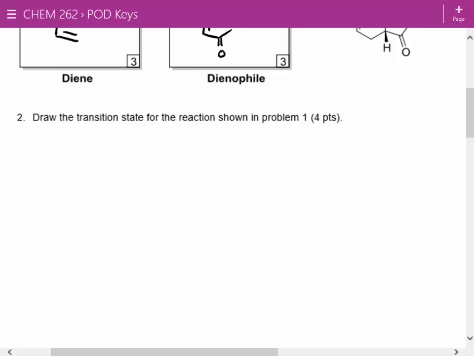So let's draw the transition state, and I'll draw both the side-on view, right, so that's our diene. And then I'll draw the dienophile underneath. And in this case, we know that it's going to favor this endo form.